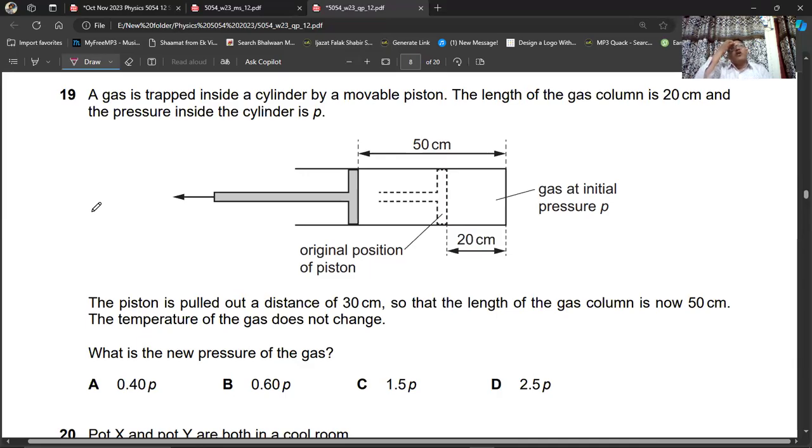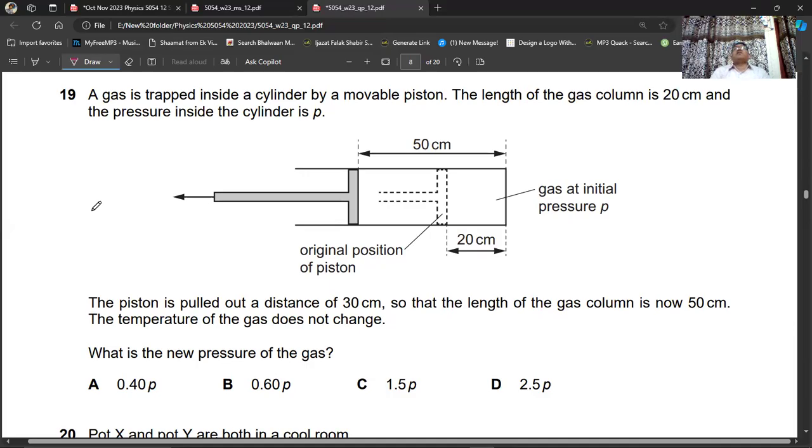Remember one thing, because the gas is inside the cylinder, the volume of that gas will be the cross-sectional area multiplied by the length of the gas column. When the length is 20 centimeter, the volume will be cross-sectional area multiplied by 20 centimeter. When the length is 50 centimeter, the volume will be cross-sectional area multiplied by 50 centimeter.